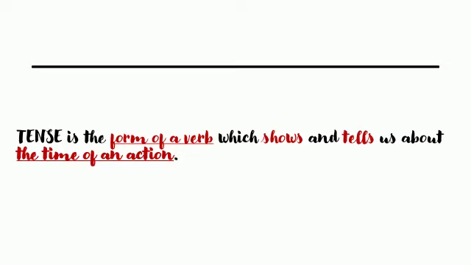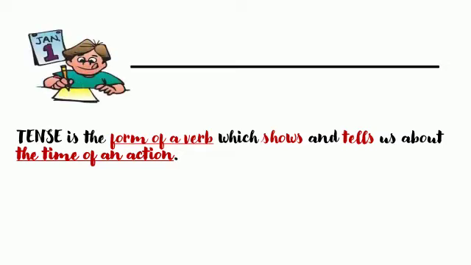Now when is the action word, or when is this action taking place? To tell that time, it is the tense that tells us about the time that the action has taken place. Right? Now we shall have a few pictures first.